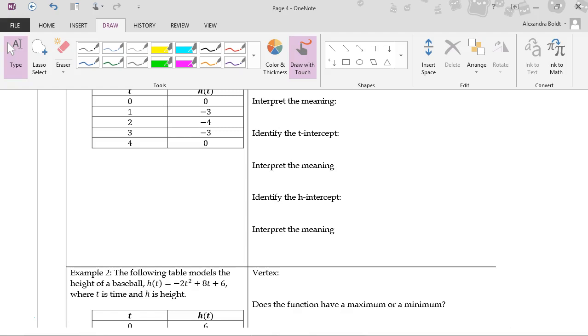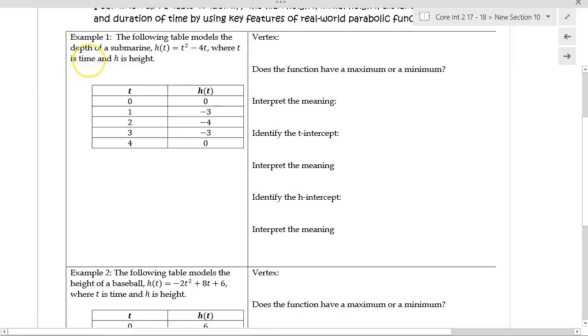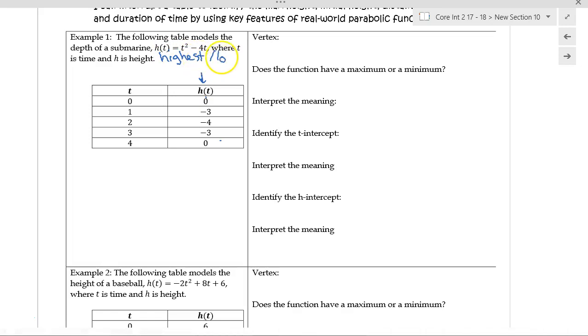And to find the vertex, we're looking for the highest or lowest number, but it can't be the first or last thing in your table. Okay? The highest slash lowest number.